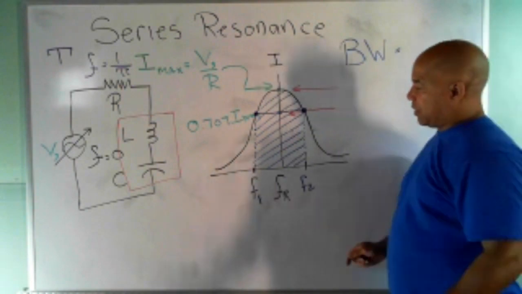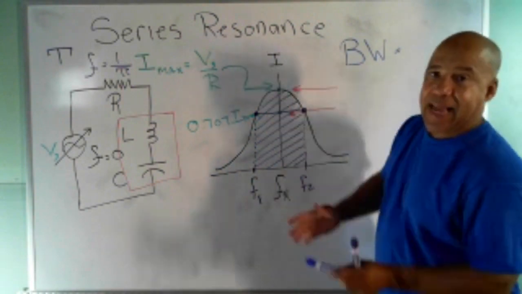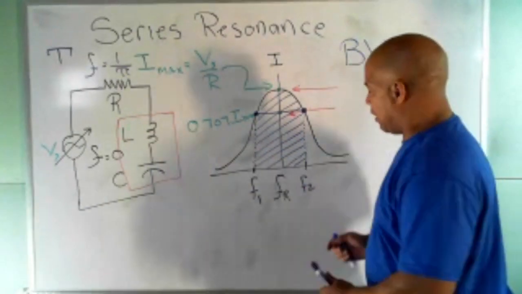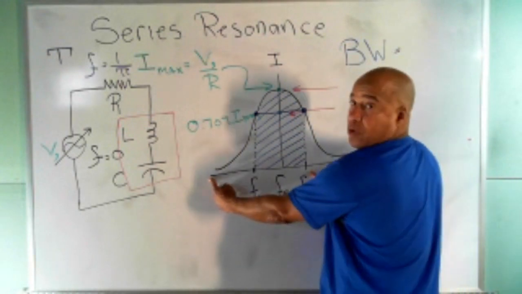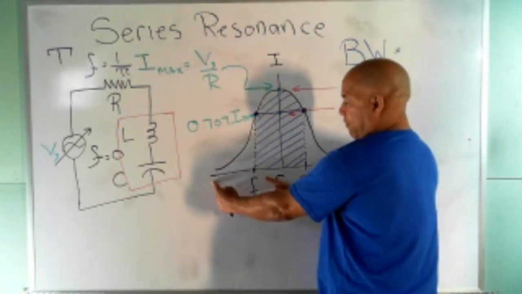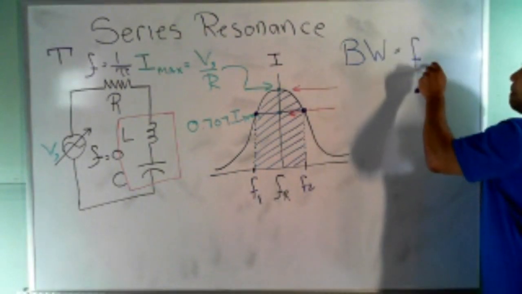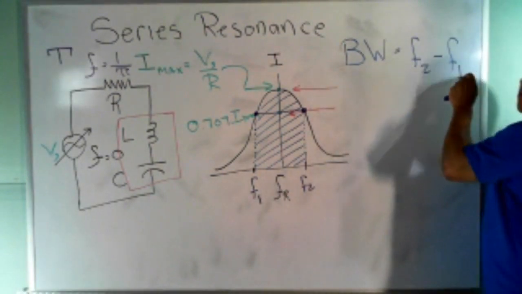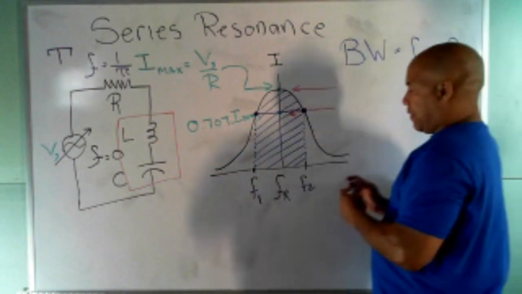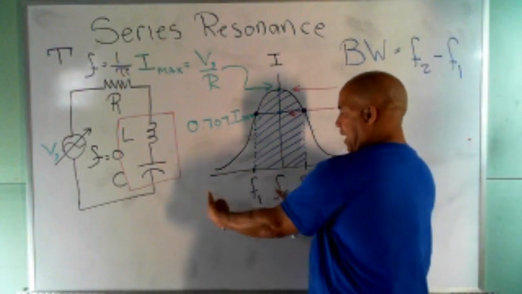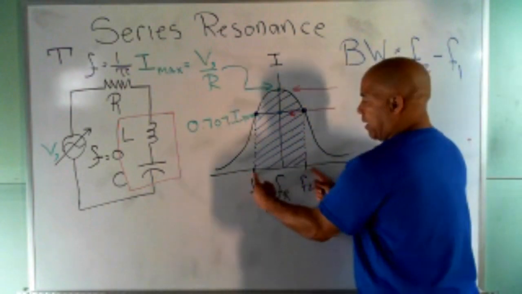Bandwidth is the width. Here's the band. Now, how wide is it? Well, if I know the distance from 0 to F2, and I know the distance from 0 to F1, then the bandwidth is just going to be F2 minus F1. F2 minus F1 gives me this piece right here, which is the bandwidth.